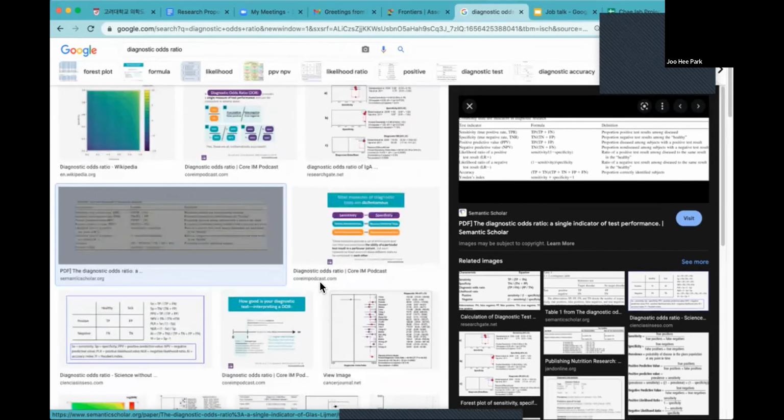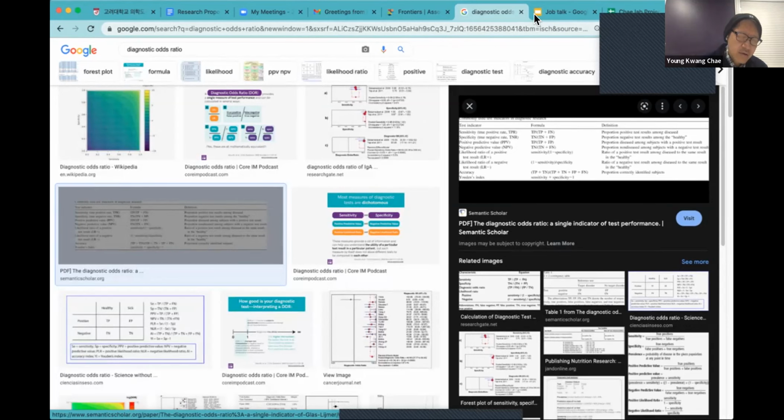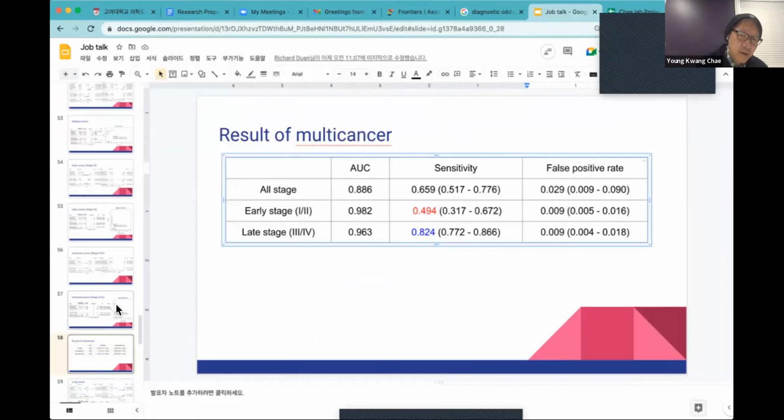The thing that Eugene used, the diagnostic OR, is not affected by prevalence. So if we're all dealing with the same case control or cohort, then accuracy is a really good measure. I like it, but I don't think we can use it if we're to combine them.